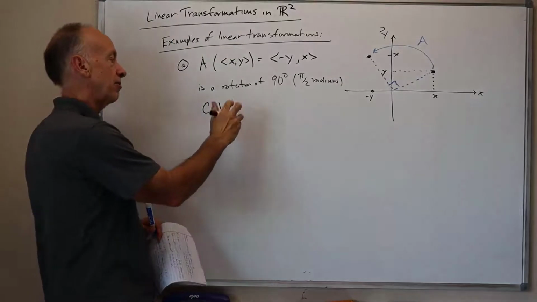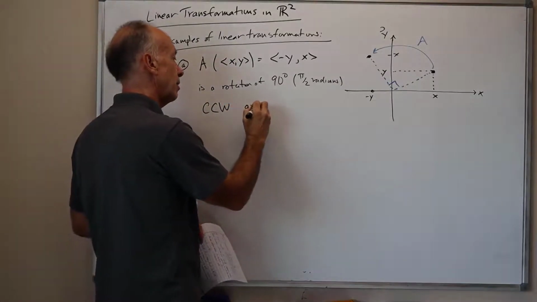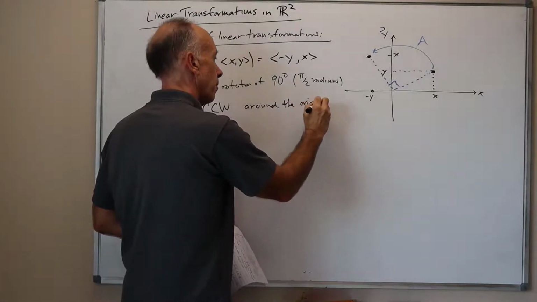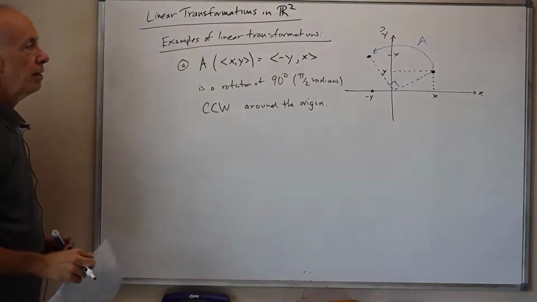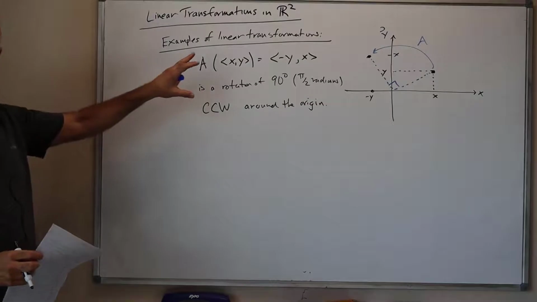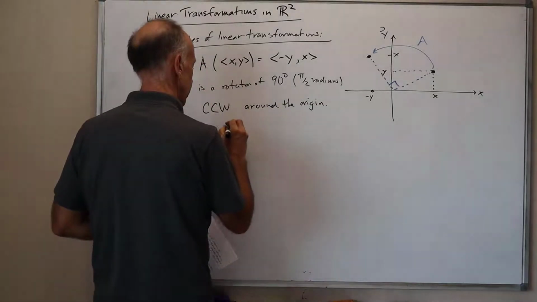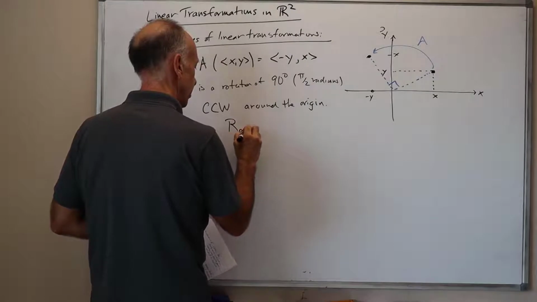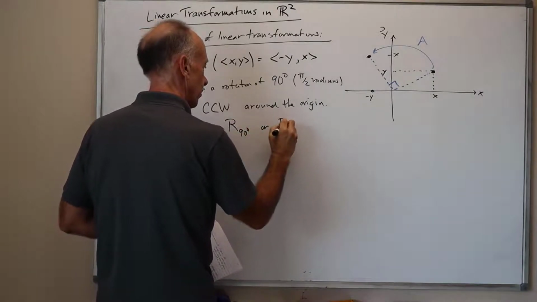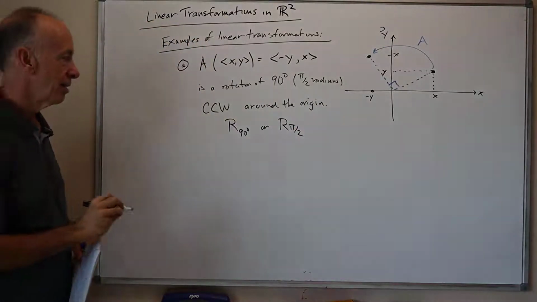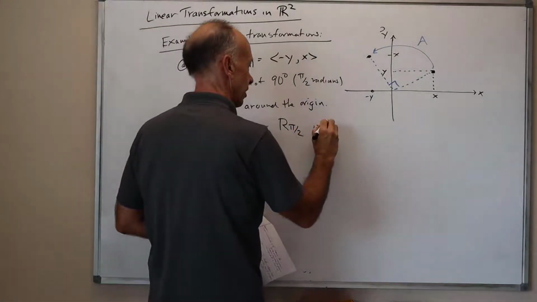CCW means counterclockwise around the origin. So here we have a very simple linear transformation. It's just a rotation. We will also denote this as r 90 degrees or r pi halves, depending on whether we're working with angles or radians, is the name of this transformation.